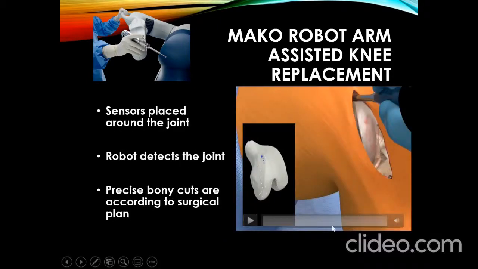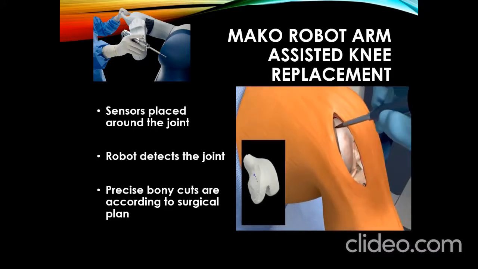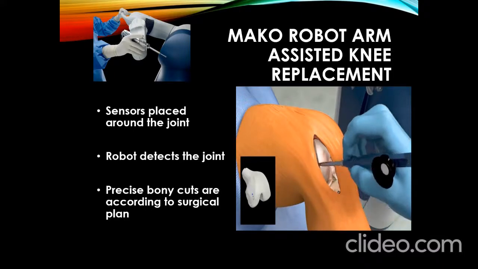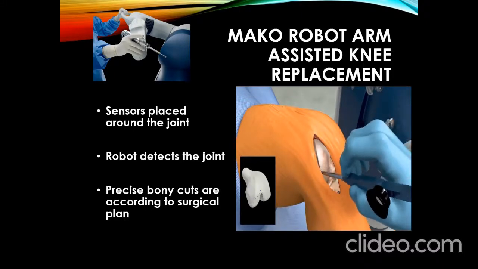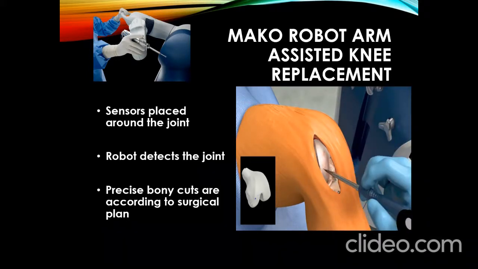During surgery, sensors are placed around the joint, which allows the robot and the software to detect the joint. The robot then enters the surgical field and is able to make cuts that are very precise and accurate according to the surgical plan that the surgeon made before surgery.